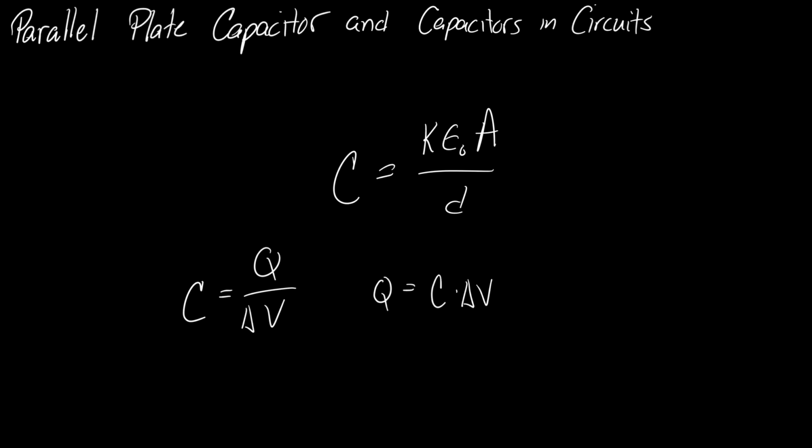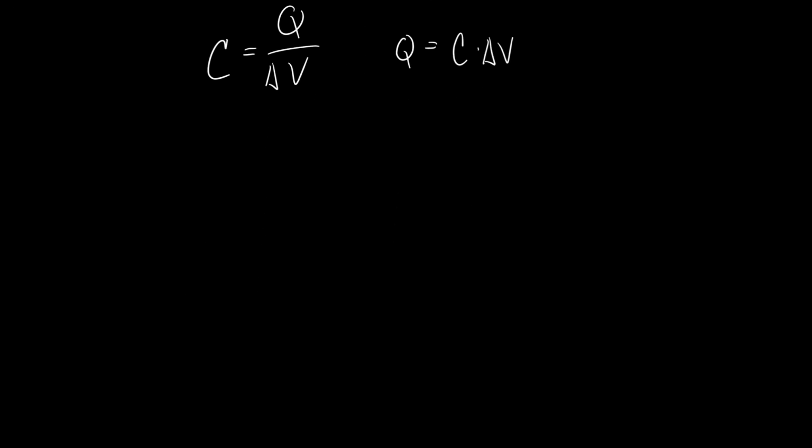I'm going to also say, without proof, that the energy stored in that capacitor is equal to 1/2 C, and I'm going to drop the delta, CV squared. I will prove this later, but that is the amount of energy stored in a capacitor. It should be clear to you that you could calculate energy storage in a capacitor more than one way, right? Do you see that there's a clear thing you could use for substitution there?